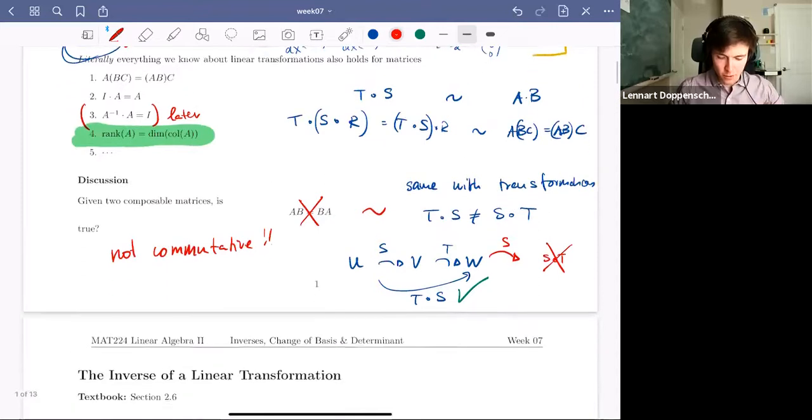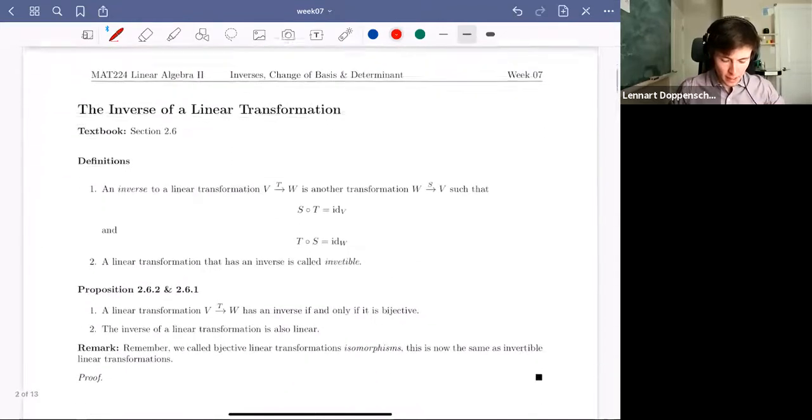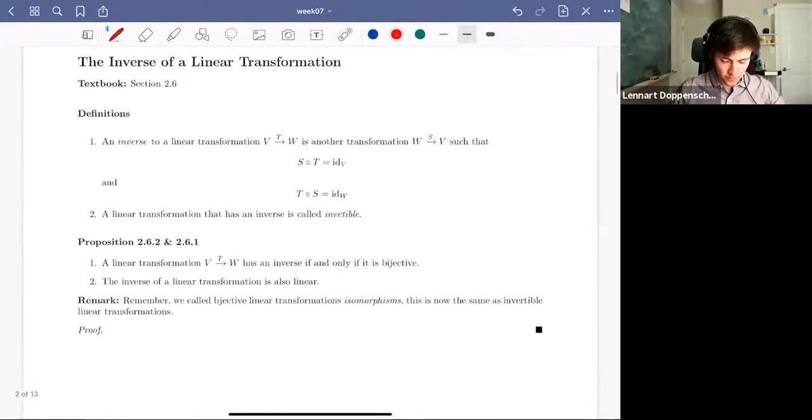All right, so the new section, I would say there's just one essential idea that we add, and then we see how things behave to what we've done so far. So the only new ingredient is this first definition, and then everything else is just revisiting what we had. So we're going to revisit the propositions, we're going to revisit matrices compared to transformations, and so on.